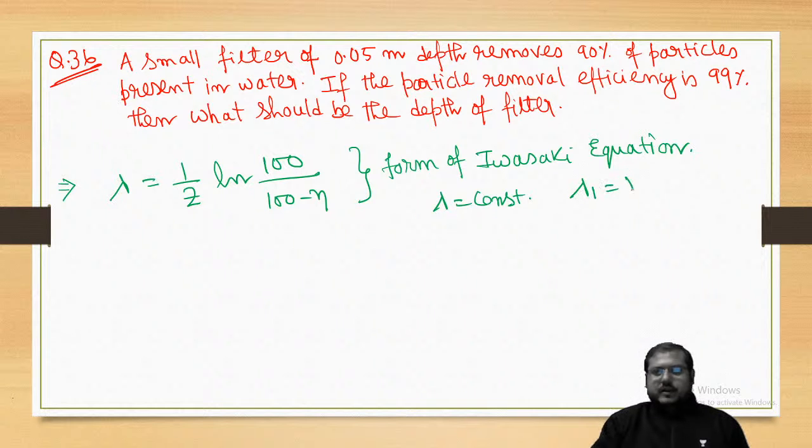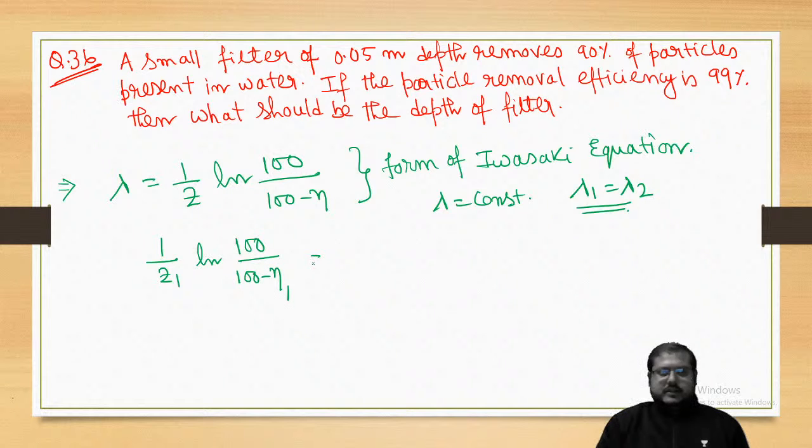That means lambda 1 will be equal to lambda 2 itself. So we can say 1 by z1 ln 100 by (100 minus eta 1) is equal to 1 by z2 ln 100 by (100 minus eta 2). Clear?